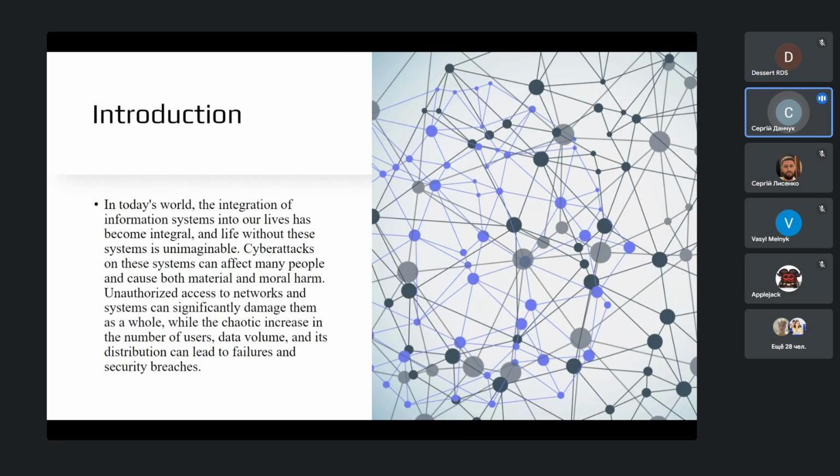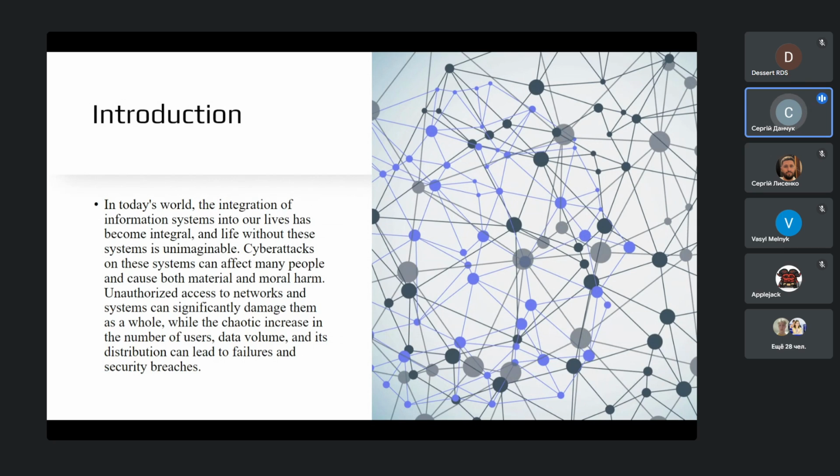Introduction. In today's world, the integration of information systems into our life has become integral, and life without these systems is unimaginable. Cyber attacks on these systems can affect many people and cause both material and moral harm.